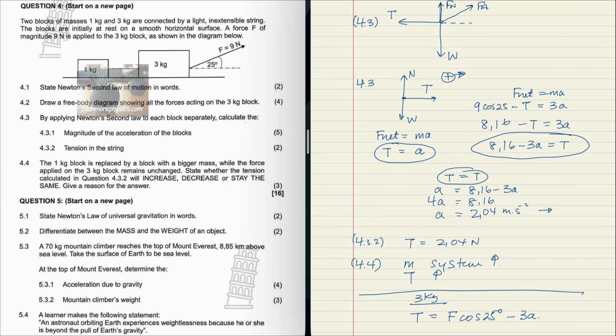Now, as we said before, since the mass of the system is getting bigger, the acceleration must decrease. Since the force is staying the same, see this force here, it means that the tension has got to increase in order to keep this the same.